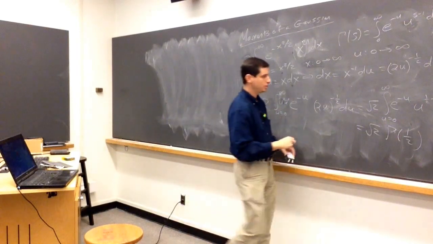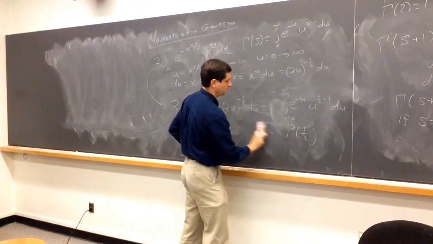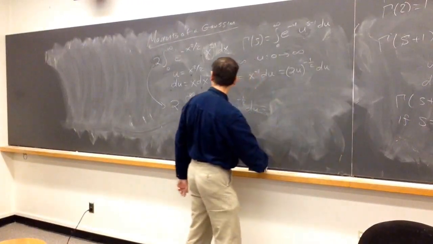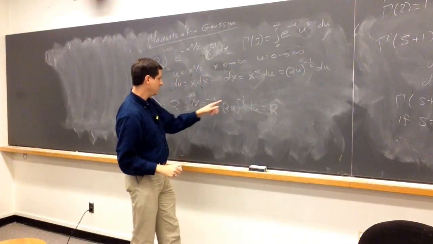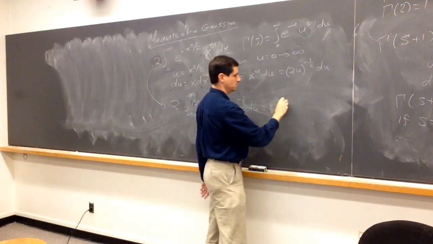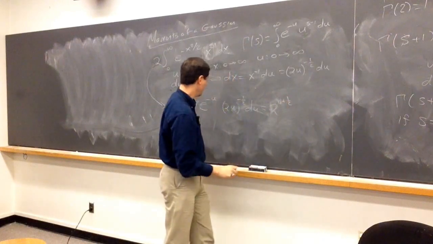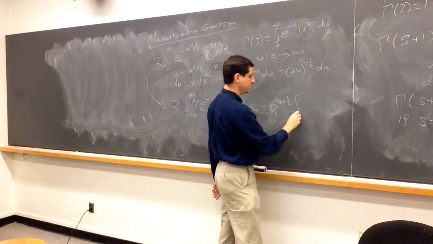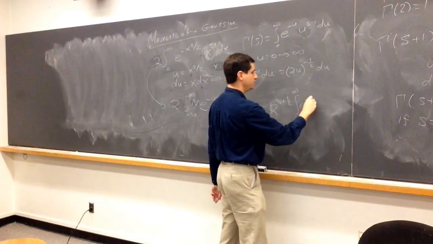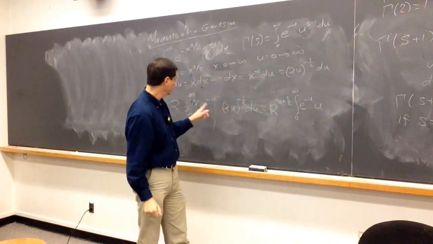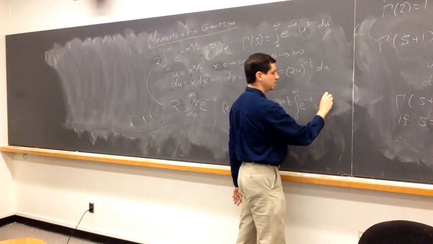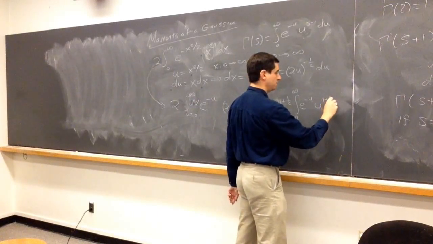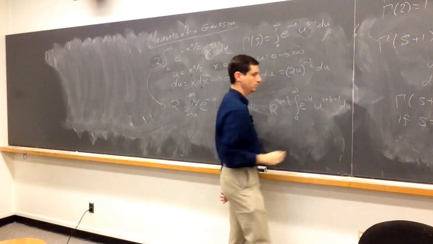And so now the only thing that would change is over here, I would now have a 2 to the n plus a half. And then I would have an integral from 0 to infinity of e to the negative u. And then I would have a u to the n minus a half. So I'd write that as u to the n plus a half minus 1 du.